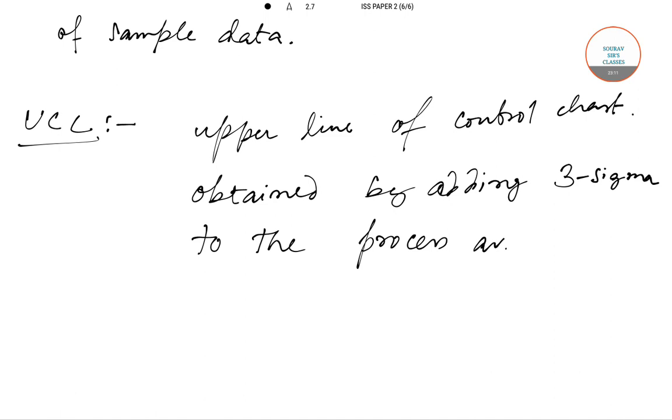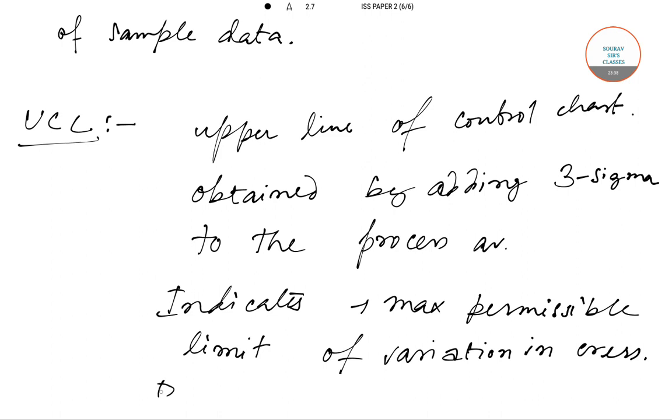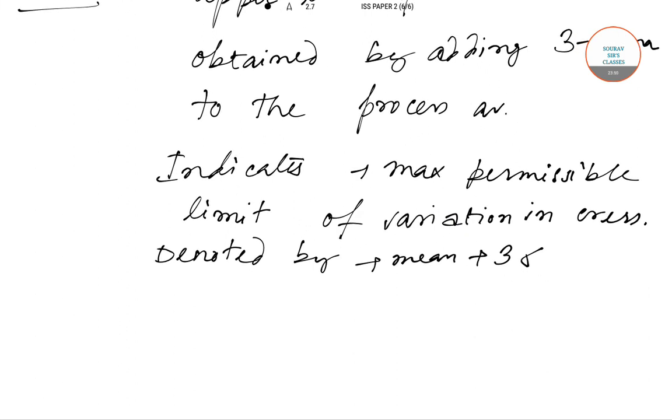This line indicates the maximum permissible limit of variation in the process. Denoted by mean plus 3 sigma.